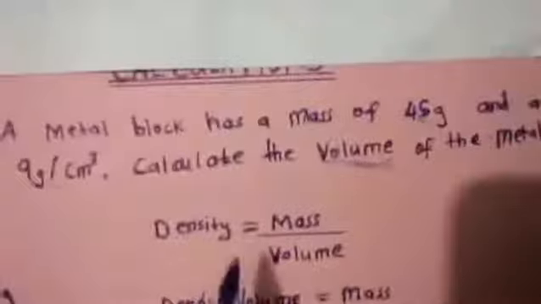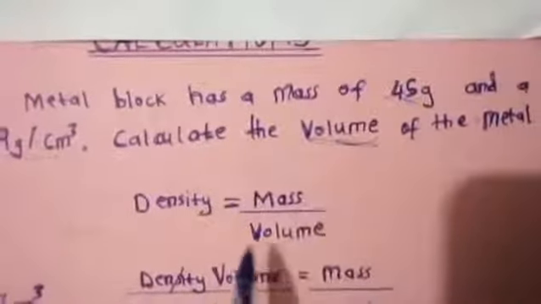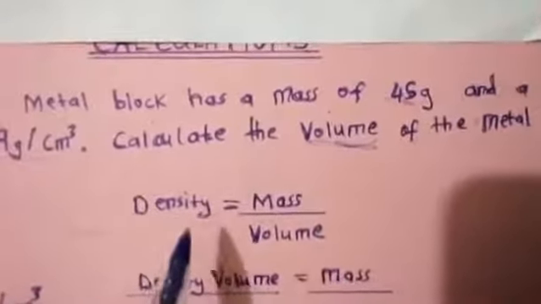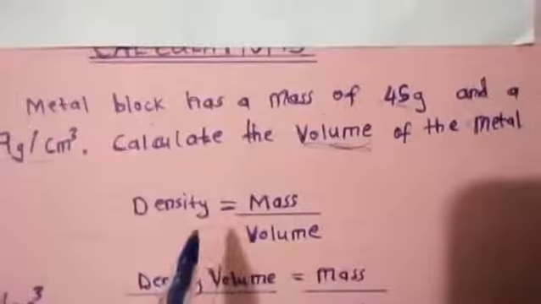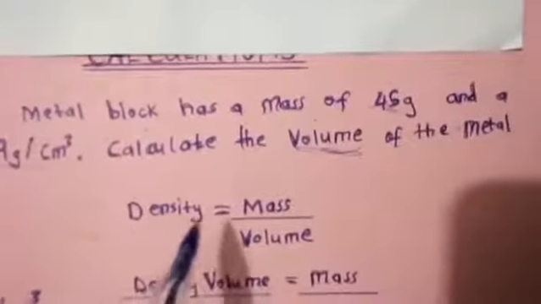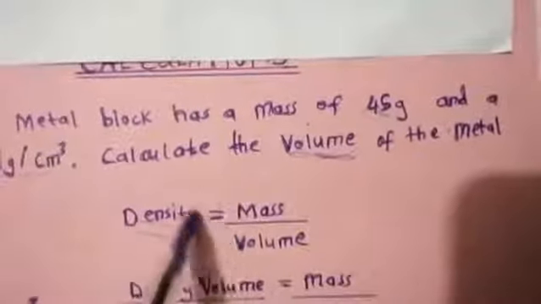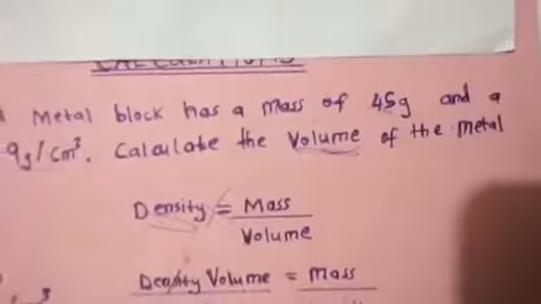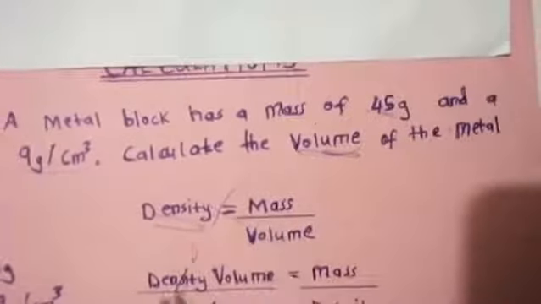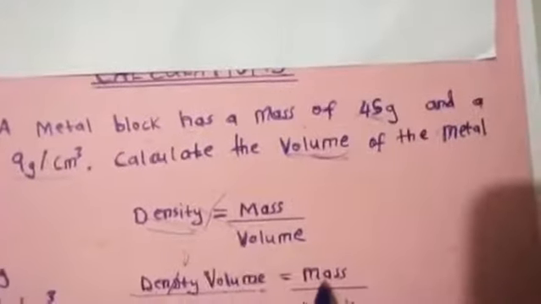So of course we use the same formula: density is equal to mass over volume. Then we make volume the subject of the formula since we are calculating volume. Here we put over 1, then we do a cross multiplication. Density times volume, that is density volume. Then mass times 1, that is the mass.